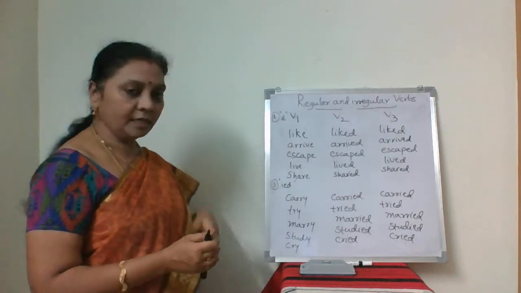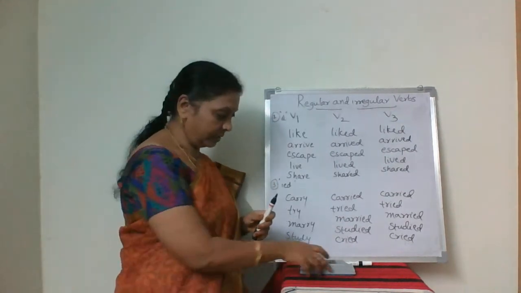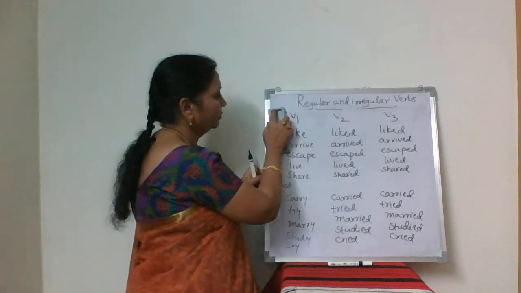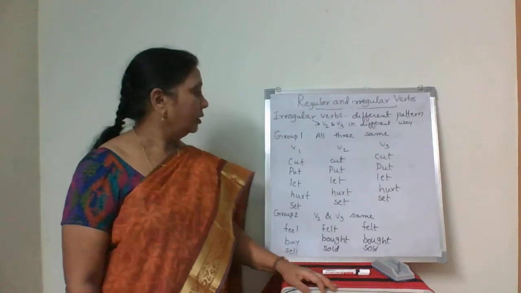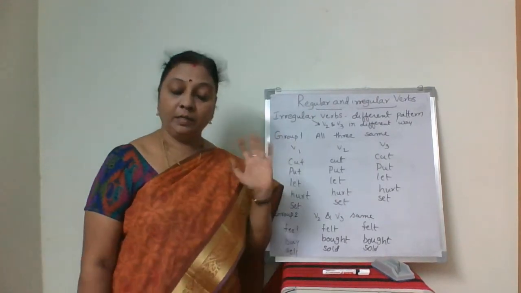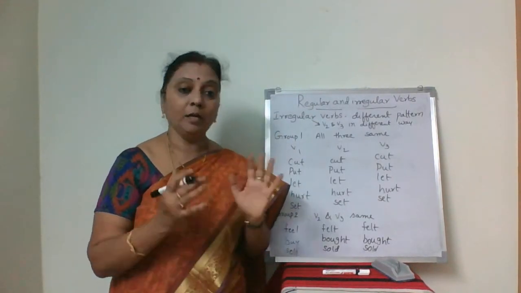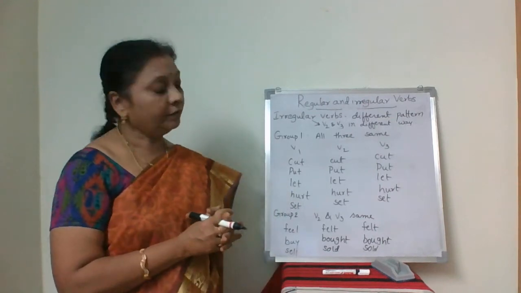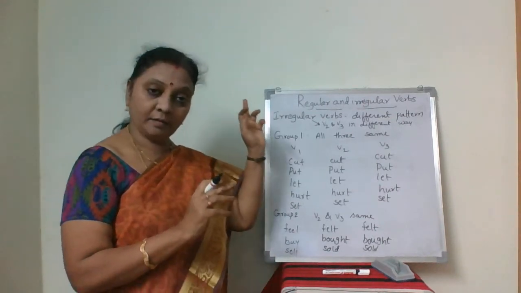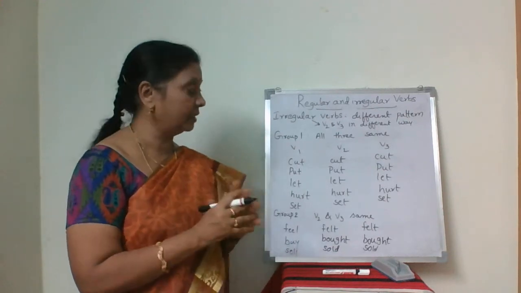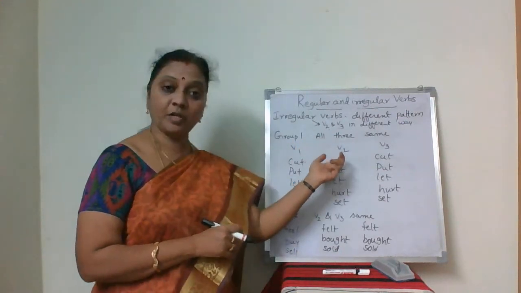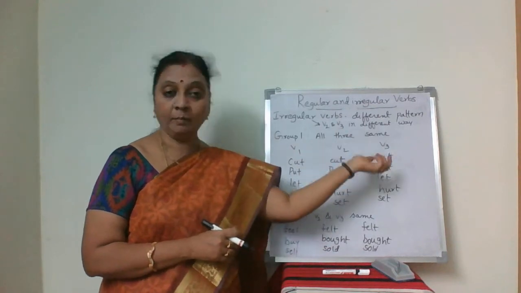Okay, let us see irregular verbs next. The second one is the other one, irregular verbs. The main difference between regular and irregular verbs is the formation of past tense and past participle.